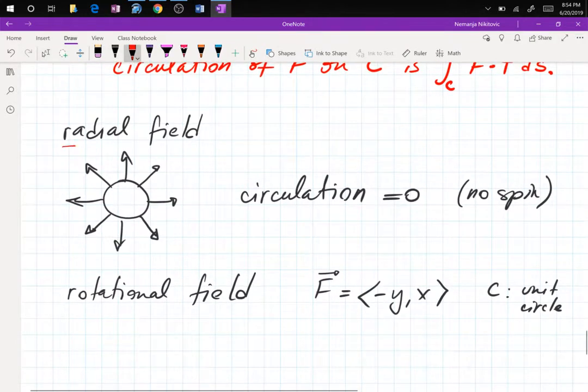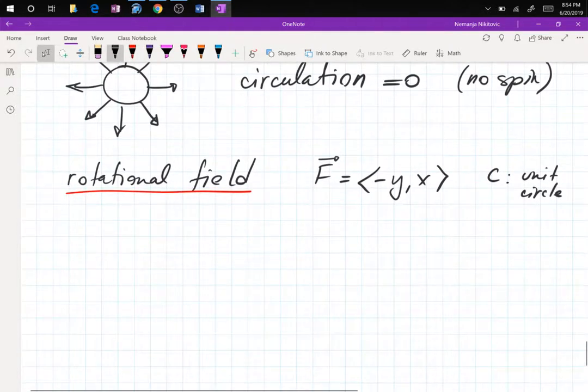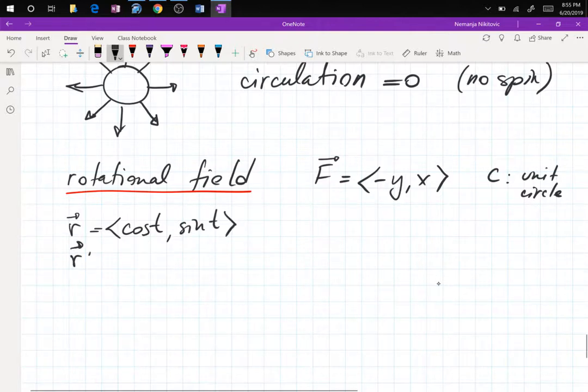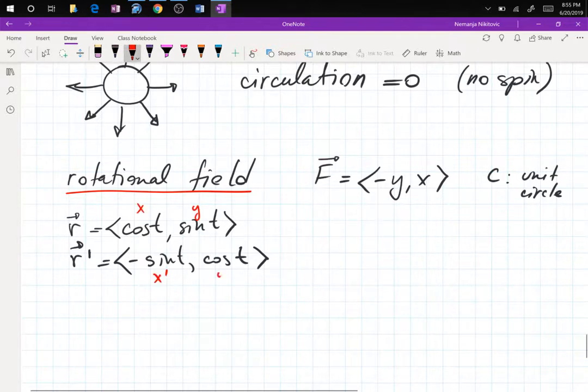Of course it is, because it's measuring rotation and motion at the same time. So I know that my r is cosine t, sine t, and r prime is negative sine t, cosine t. This is my x, this is my y, this is my x prime, this is my y prime, this is my f, and this is my g.